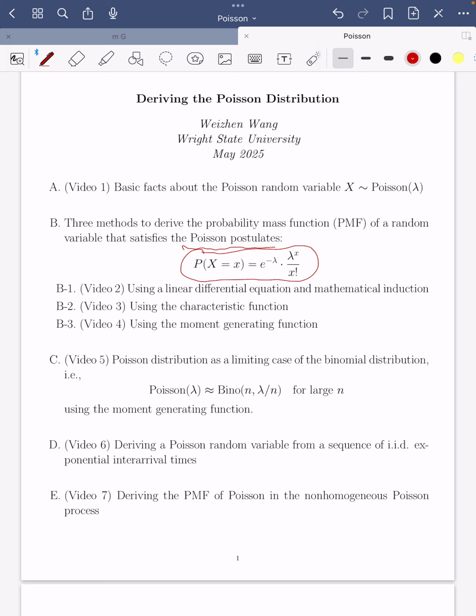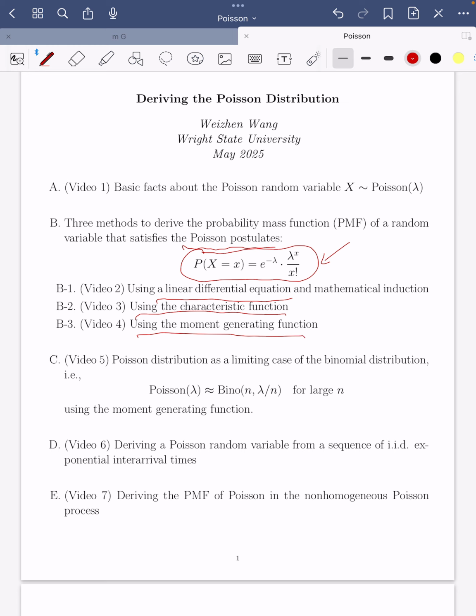Under this condition, we want to show three proofs of this probability mass function. The first method is to use the linear differential equation and then the mathematical induction. The second method is to use the characteristic function. And the third method is to use the moment generating function.